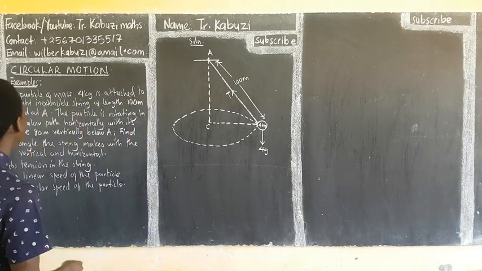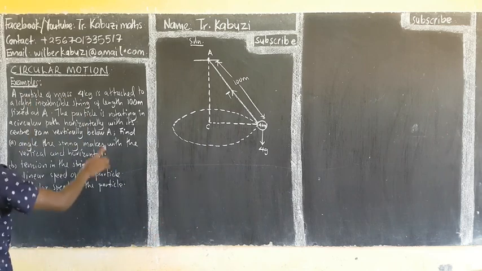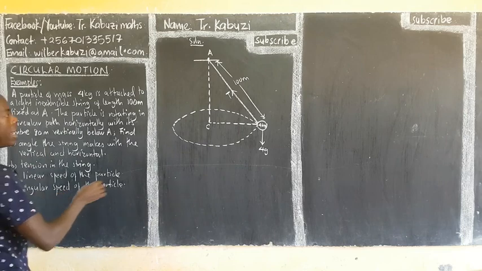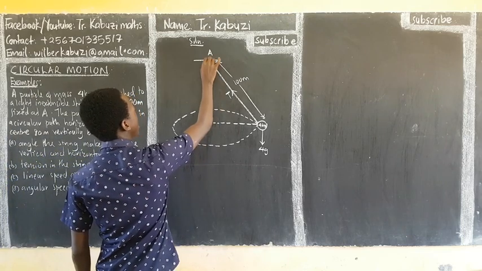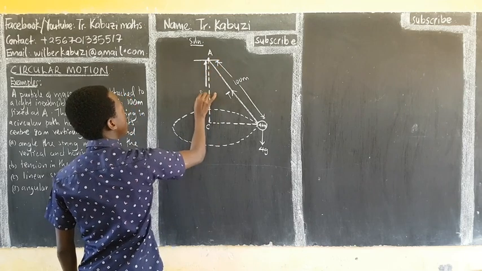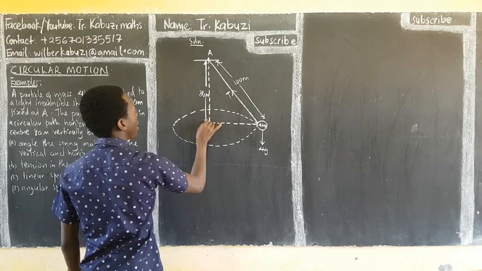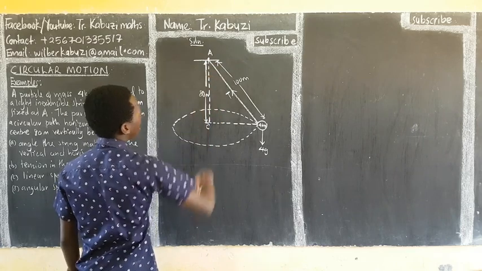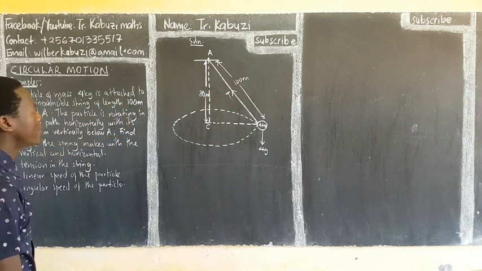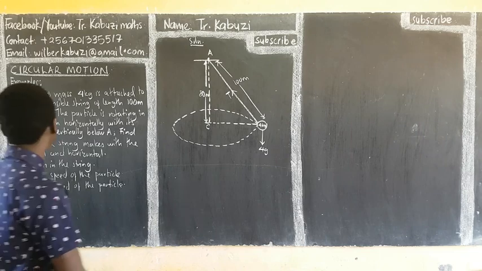So they are telling us that the particle is rotating in a circular path, as you see, with its center 80 meters vertically below A. So that's where our center is going to be, vertically below A. Okay, find the angle the string makes with the horizontal and the vertical.